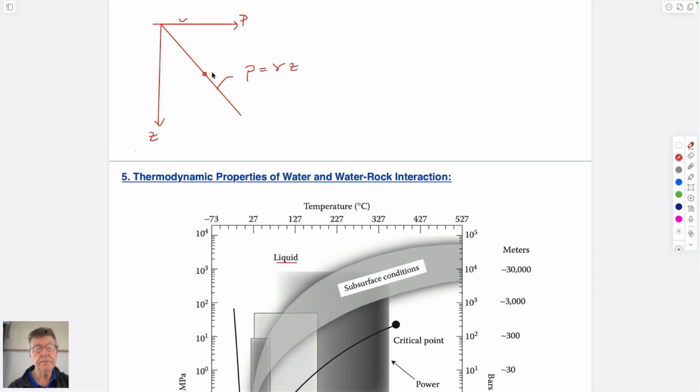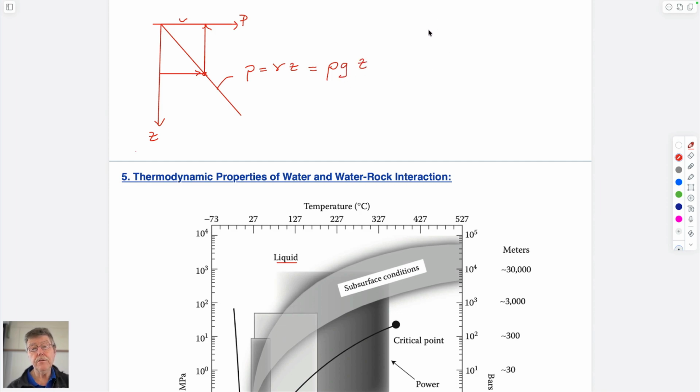So at any particular depth, the pressure is given by that. If we want to calculate the rate at which pressure builds, we can rewrite that in terms of density and gravity and the depth.